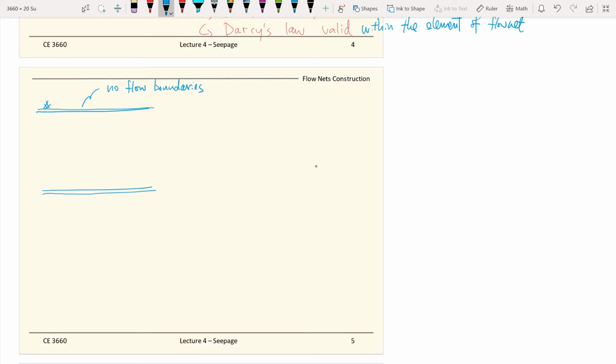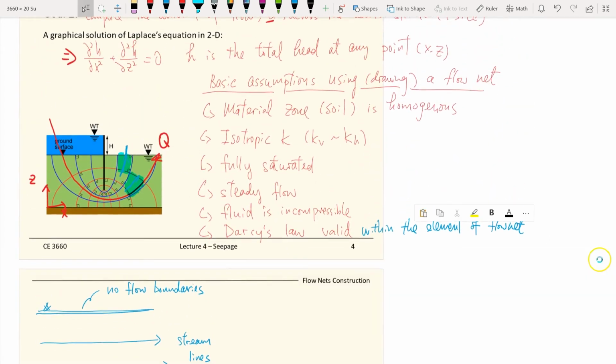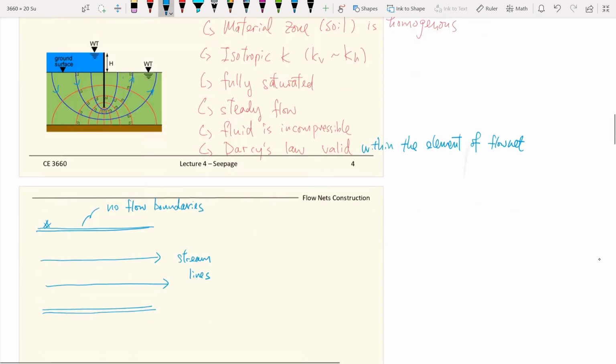And within the no-flow boundaries, we have what we call the streamlines. So like this diagram here, these are the streamlines, which represent the water flow.